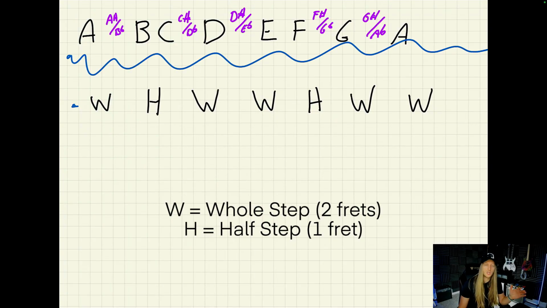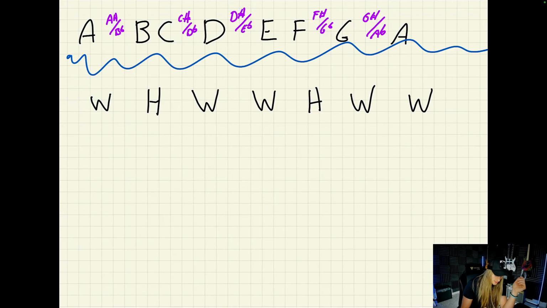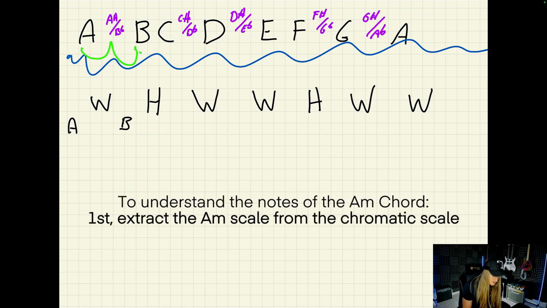Anyways, the W equals a whole step. On your guitar, it's 2 frets. Okay. An H equals a half step or 1 fret. And so all we're going to do is play a little game and go like this. We're going to do A minor, so I'm going to start with this one, A, and then a whole step, 1, 2. Next is going to be B. This is really simple. Next is going to be a half step, boom.